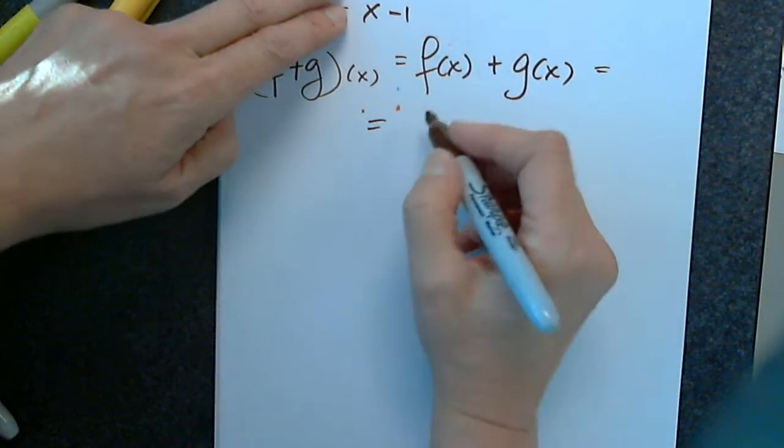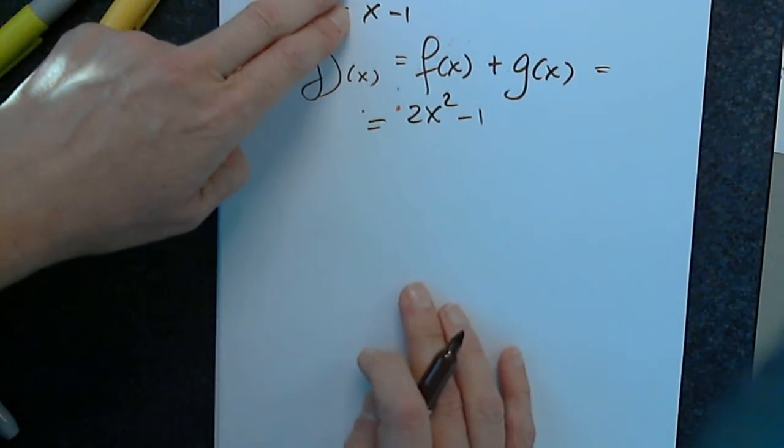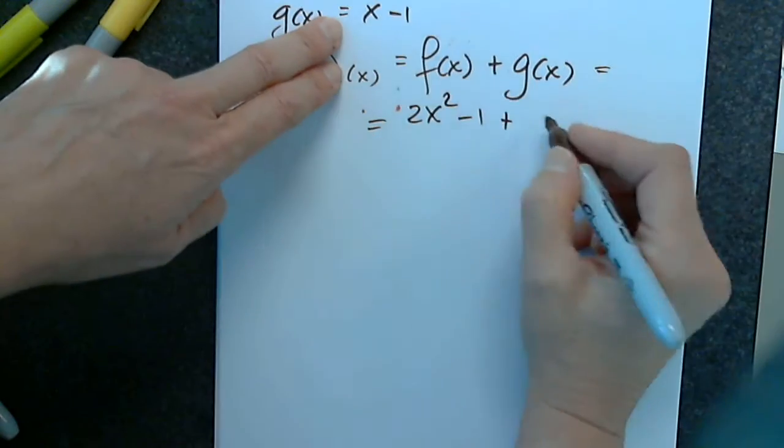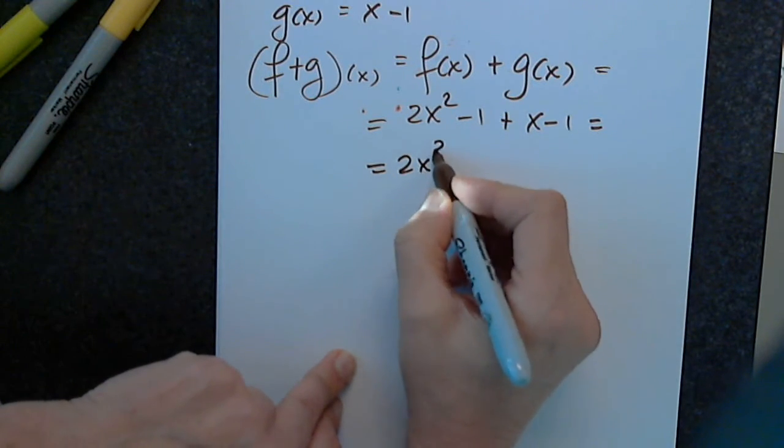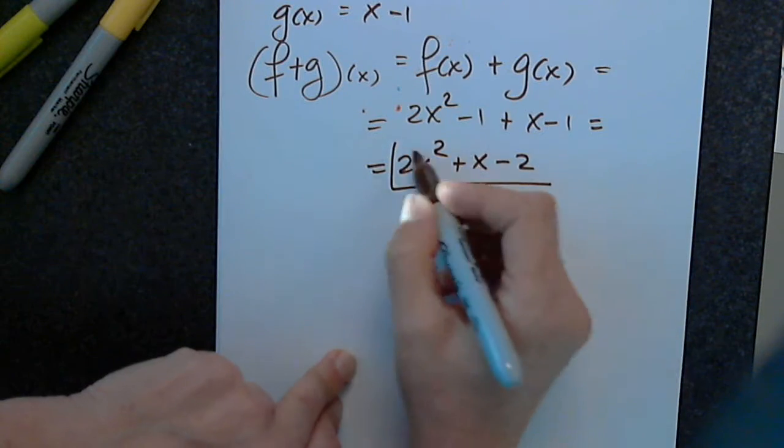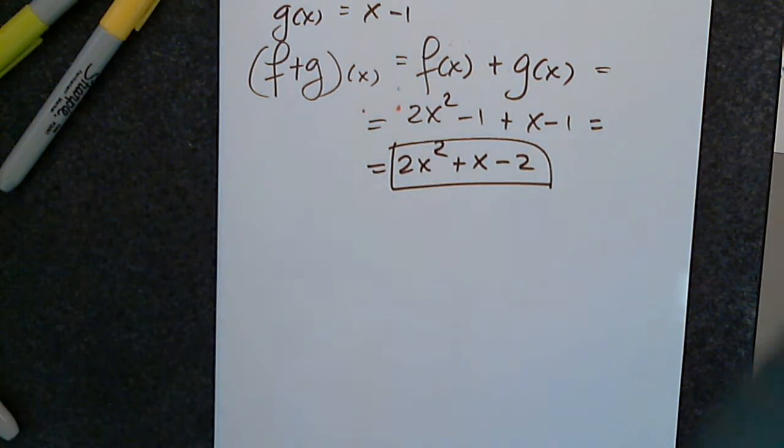Replacing, I get in descending order 2x squared plus x minus 2. What does this function represent? It's a totally new function that was determined by adding the first two.